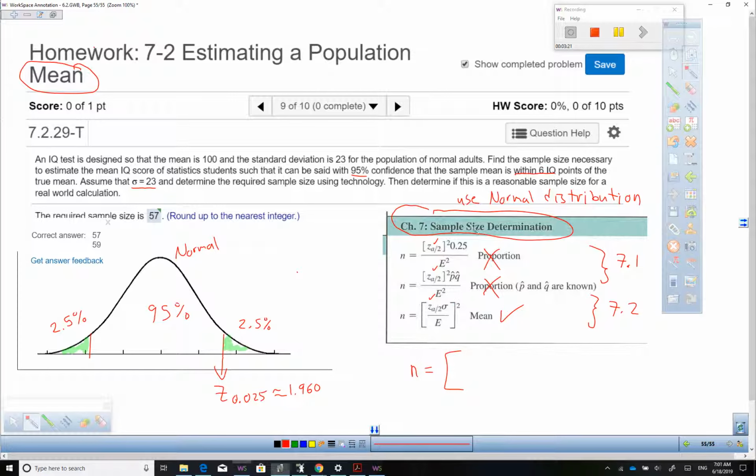They want the sample mean within 6 IQ points of the true mean. So that is the margin of error.